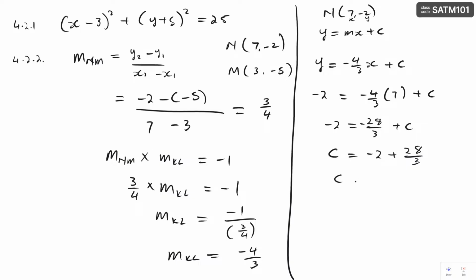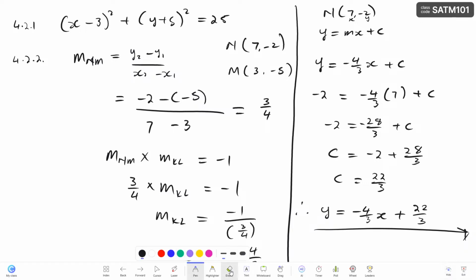So our c is going to be 22 over 3. So now you can conclude and say, therefore, our equation of a straight line is going to be y is equal to -4 over 3 x plus 22 over 3. So this is your equation. So they're going to give you 5 marks for this.